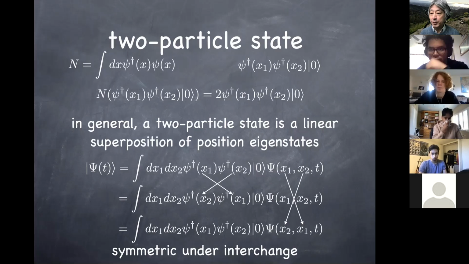And for the case of the normal bosonic fields, psi dagger x1 and psi dagger x2 commute, namely that you don't need to be worried about the order of these two creation operators.